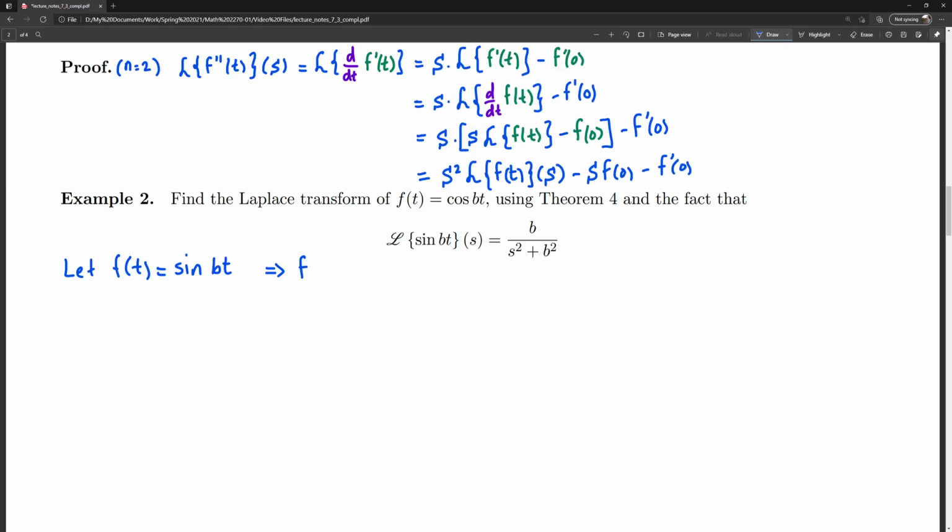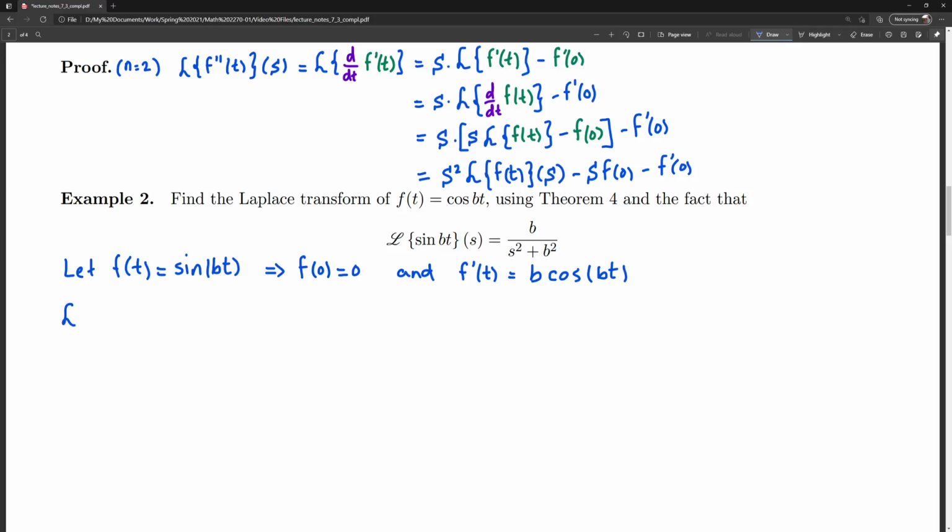Then I know that f of 0 equals 0, no matter what b is, because when I plug in 0, I get sine of 0. And I also know that f prime of t is equal to b cosine of bt. By the chain rule, I have to multiply by b.